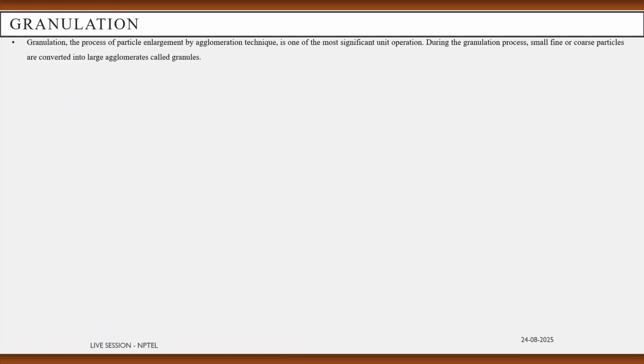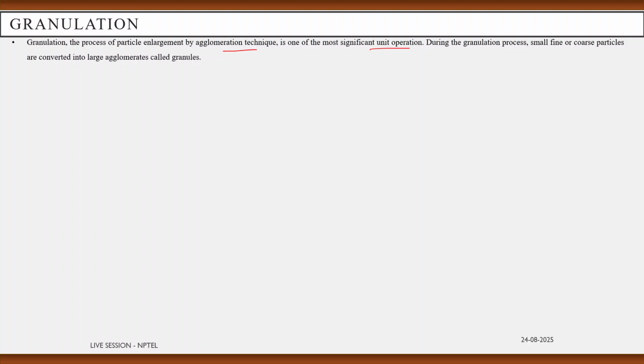So starting with granulation, the process of particle enlargement. This is done by agglomeration technique, which is most significant in any kind of mechanical unit operation.